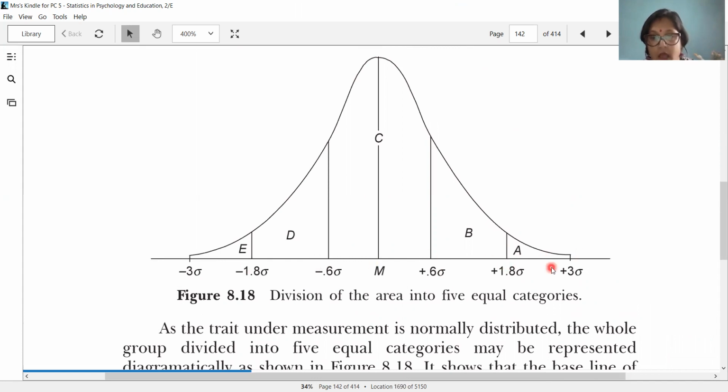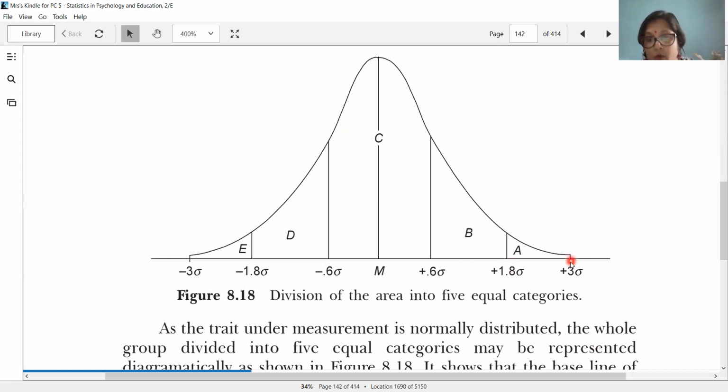Okay, now after this, we need to find out the percentage of cases for 3 sigma and the percentage of cases for 1.8 sigma. Now we need to find this portion A. So what we need to do here is subtract the percentage of cases we get for 1.8 sigma from the whole part, from 3 sigma.